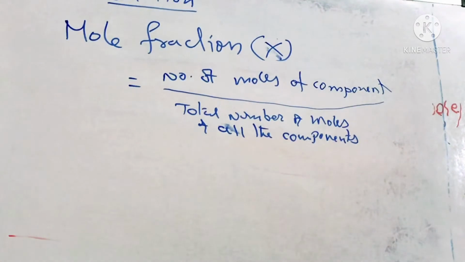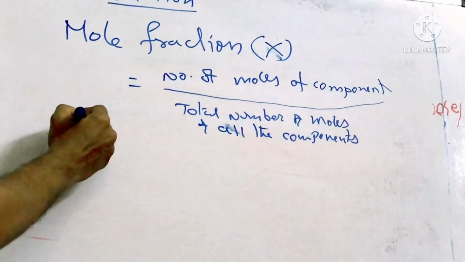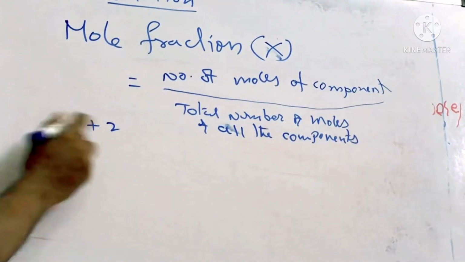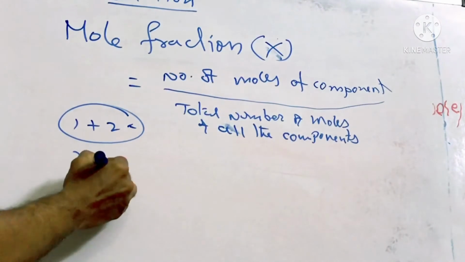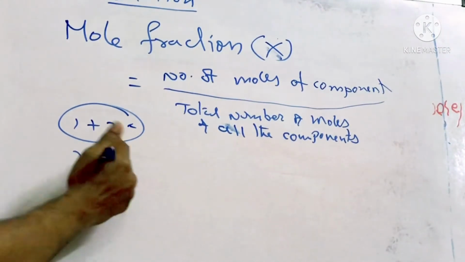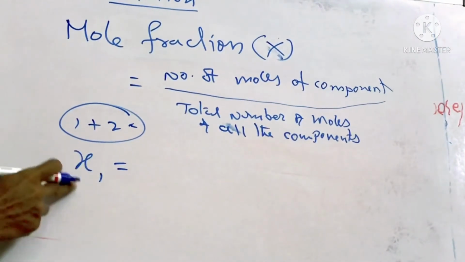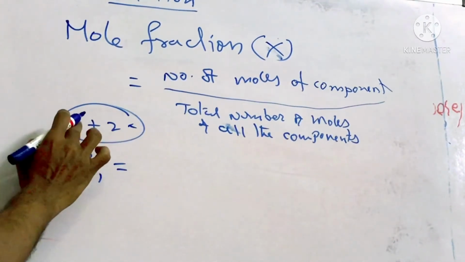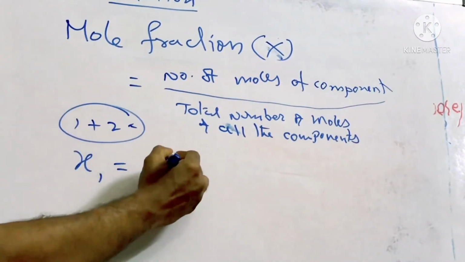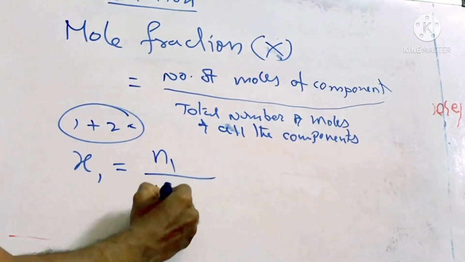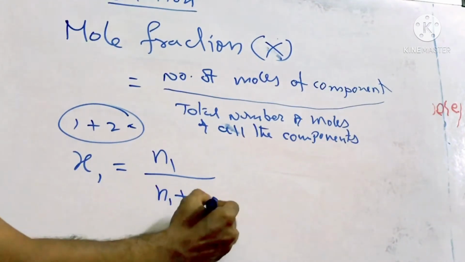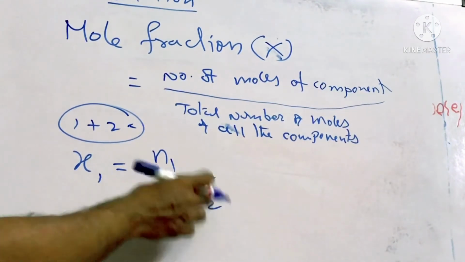For example, if you have two components, 1 and 2, together making the solution, it is a binary solution. Then x1, the mole fraction of component 1, is nothing but the number of moles of component 1, say n1, divided by n1 plus n2, the total number of moles of both components.